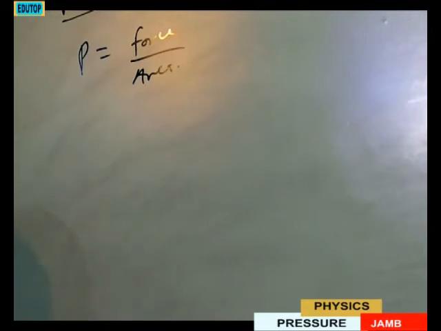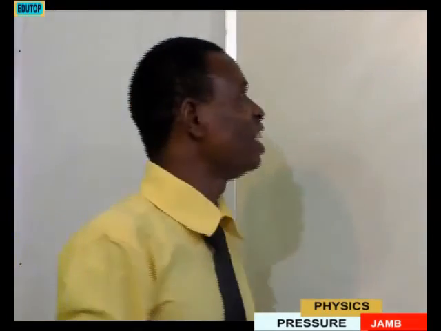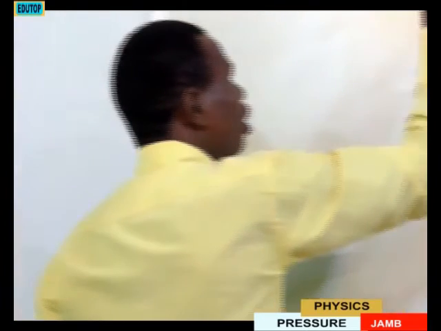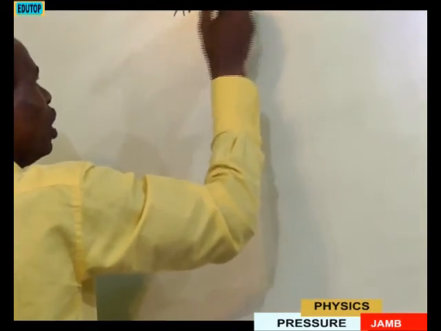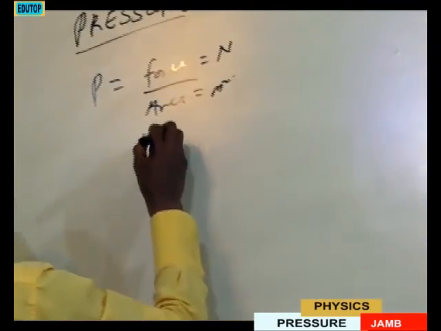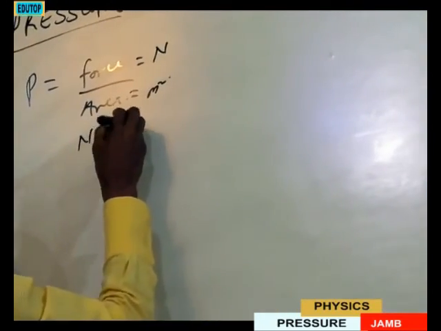Normally, the SI unit of pressure is Newton per meter squared. How do we get that? The unit of force is Newton. The unit of area is meter squared. If you take it together, we have Newton per meter squared, and that is the unit of pressure.